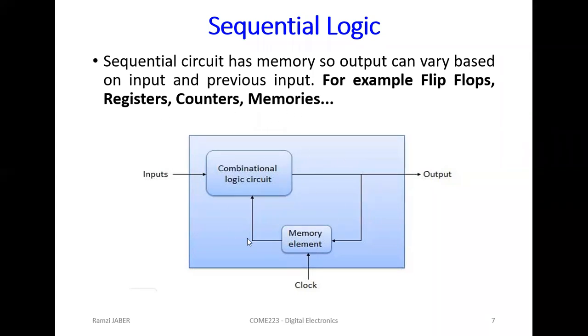In this sequential circuit, we store data. Here we have a storage area, a memory element. Of course, in any digital circuit we always have combinational logic circuit. If we add something called a memory element to store anything, this whole circuit becomes a sequential circuit.